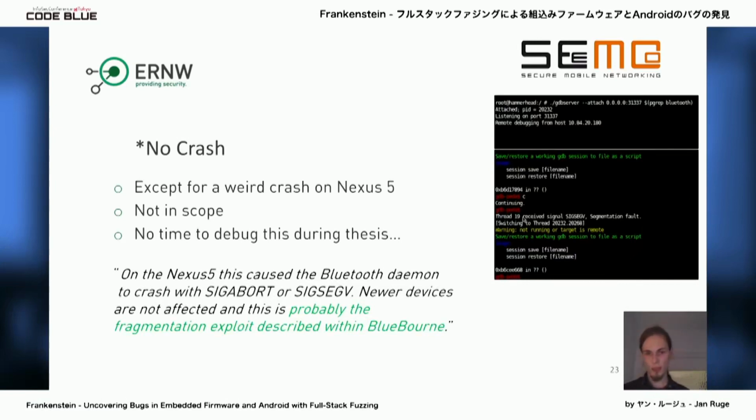As you can see, we had no symbols available. It's a heavily multi-threaded firmware, and I had no idea what's going on. I have no idea about Android. So I gave up on this pretty quickly and said, well, it's probably just the fragmentation exploit described within BlueBorne, because this device was definitely vulnerable to this.